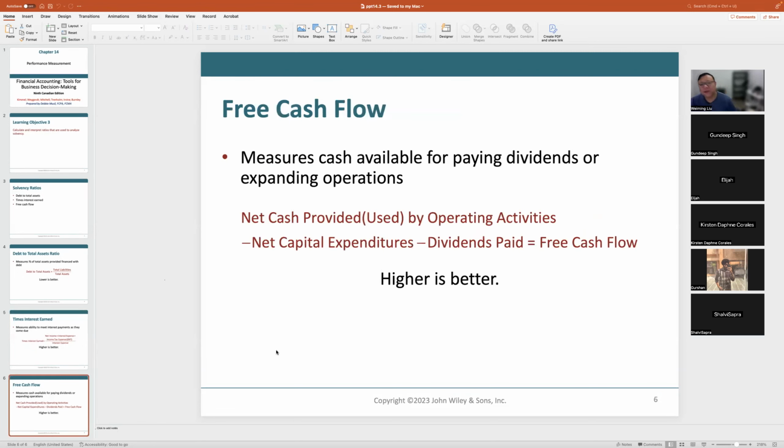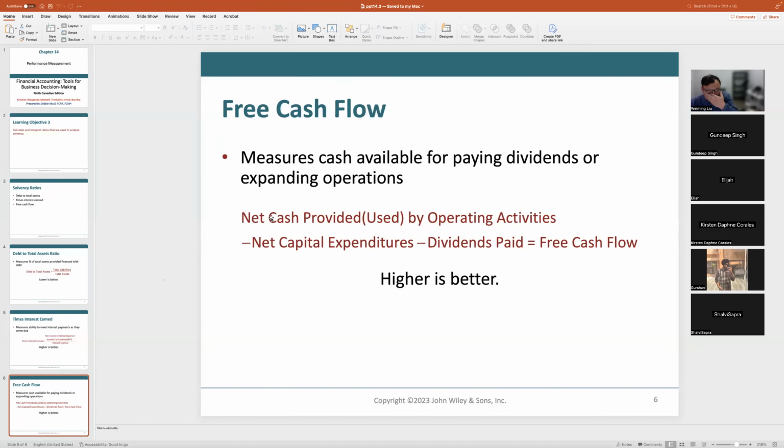Free cash flow. Free cash flow measures cash available for paying dividends or expanding operations.